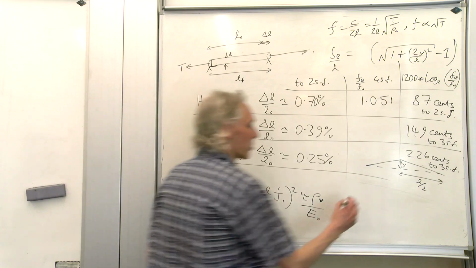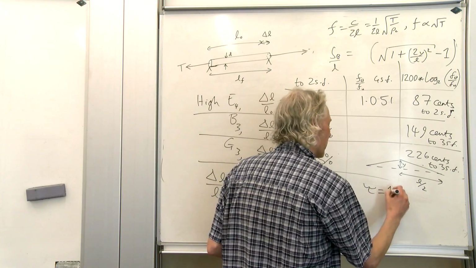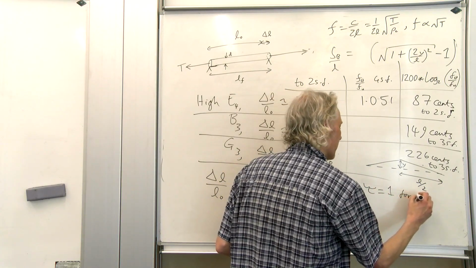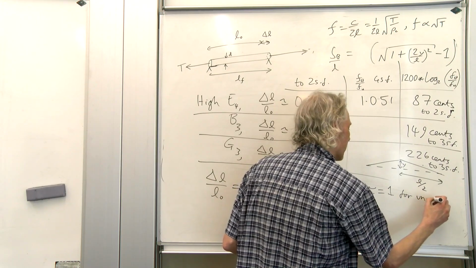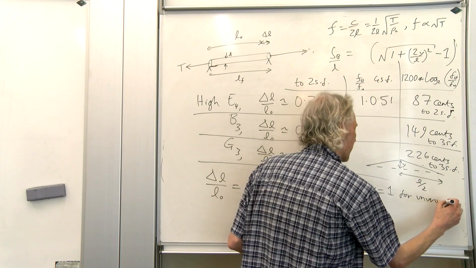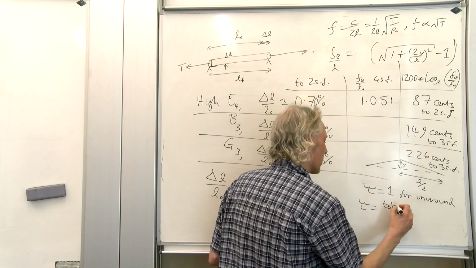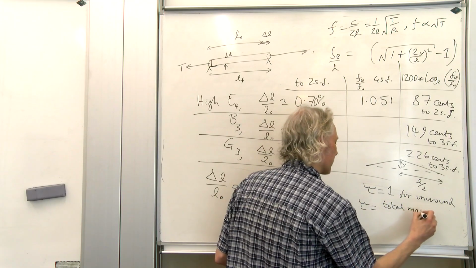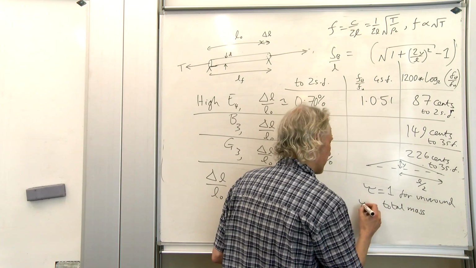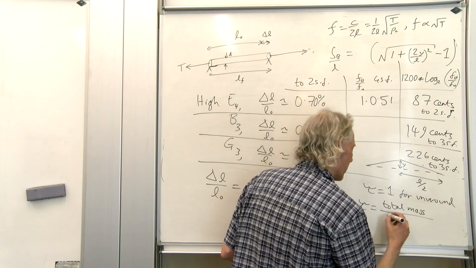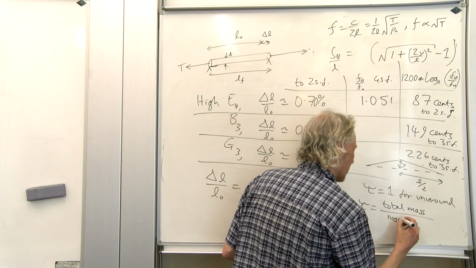Okay, so remember that tau was 1 for unwound, and tau is actually equal to the total mass of the string over the mass of the core.